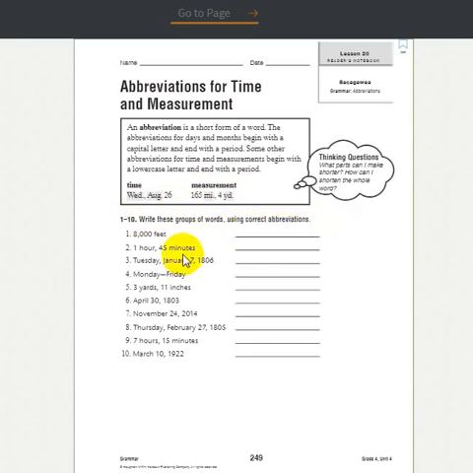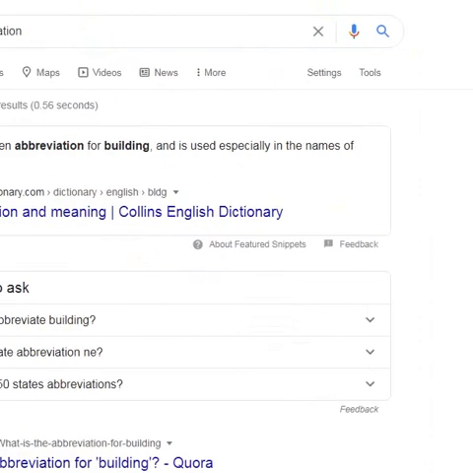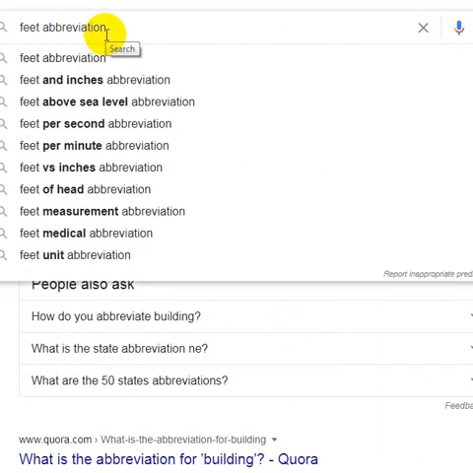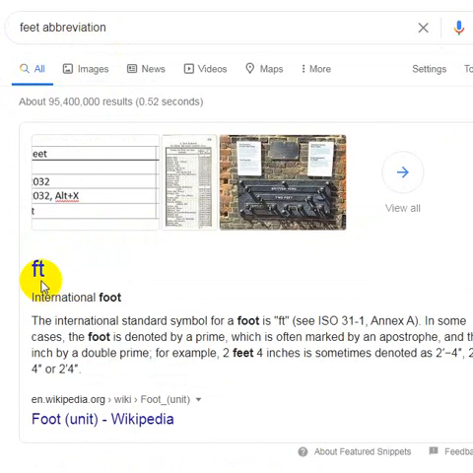Number one, we got 8,000 feet. And if you don't know the abbreviation for a word, just like we did over here, so we want to abbreviate the word what? Feet, right? So what we can do is, let's write over here in Google, feet abbreviation. And what are we going to get? FT, right?